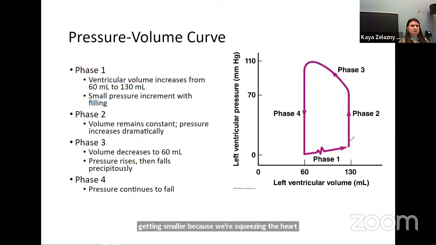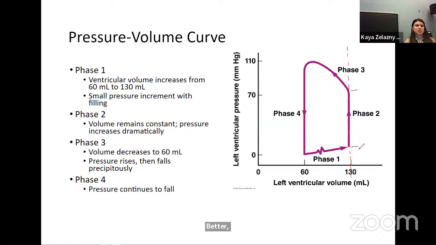Okay. So we'll see here, if you look at the volume, this is an isovolumetric phase. So our volume did not change, iso meaning the same, right? So our volume didn't change, but our pressure really, really did. So we greatly increased the pressure in the ventricle during this phase 2, this isovolumetric contraction.